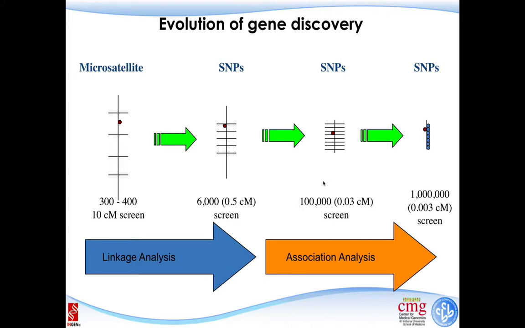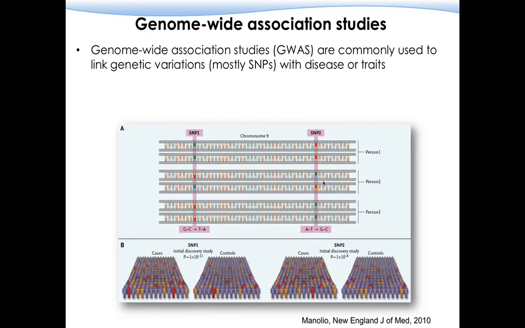Dr. Dongbin Lai will talk about these two topics in much greater detail in the next couple of lectures. But I will give you a primer on the GWAS study, which stands for Genome-Wide Association Studies. They are commonly used to link genetic variation with a disease or trait.